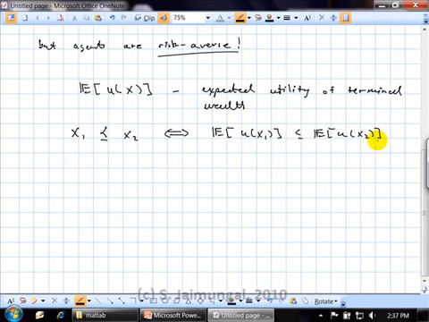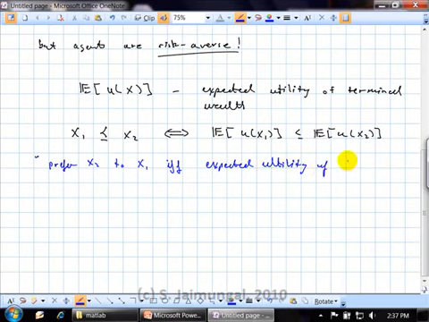Okay, so let me write this in English here: I prefer x2 to x1 if and only if expected utility of x2 is greater than expected utility of x1. Okay?